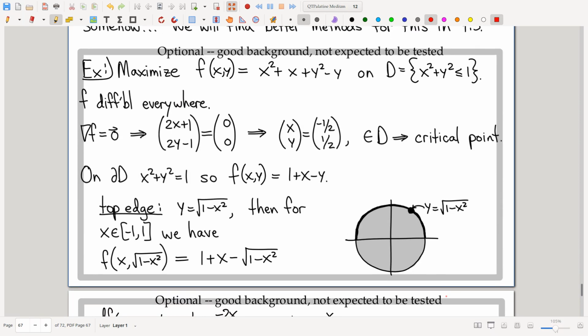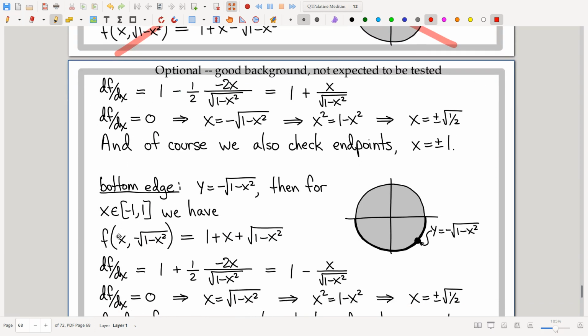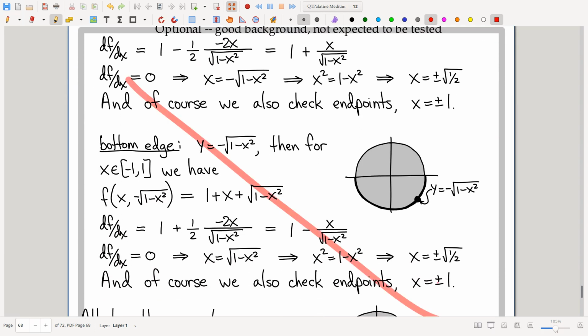This is a tedious, blunt way of finding critical points on boundaries, and it's basically in there. I put this in the notes, not because it's a good plan, but so that we could laugh at it moments later when we see the much better method on the next page.